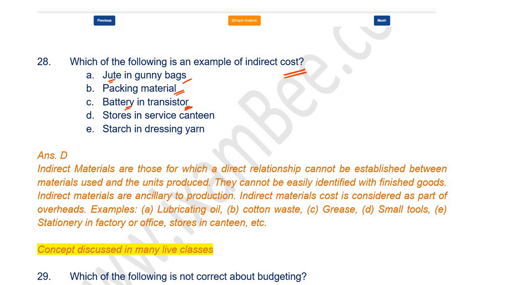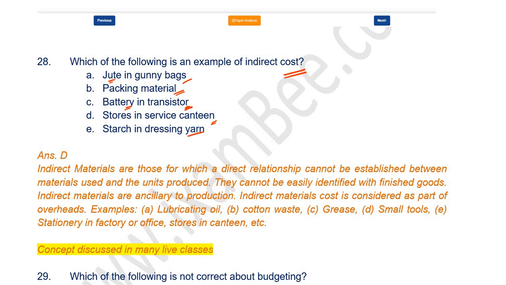Stores in the service canteen is something you would treat as an indirect cost, because this is not really being applied for the production of a particular product. Starch in dressing yarn confused some students. Actually, starch is used to increase the strength of a particular dressing yarn.